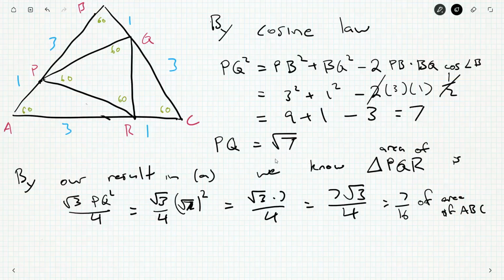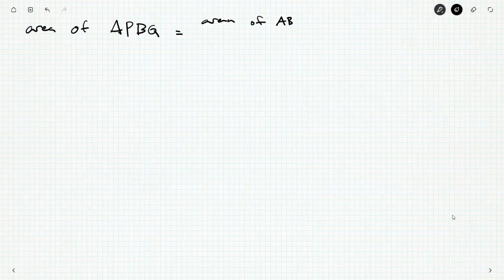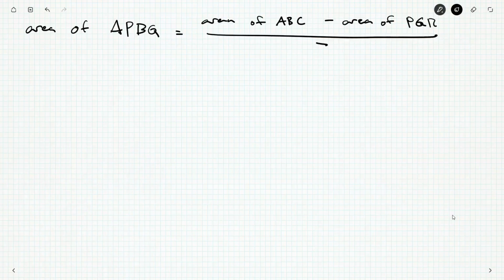But the point is we have the area of PQR. And if we have the area of PQR, then we subtract it from the total area, divide by 3, and we can get PBQ's area. So the area of triangle PBQ, the other one that we're asking for, is the area of ABC minus the area of PQR divided by the 3 congruent triangles.